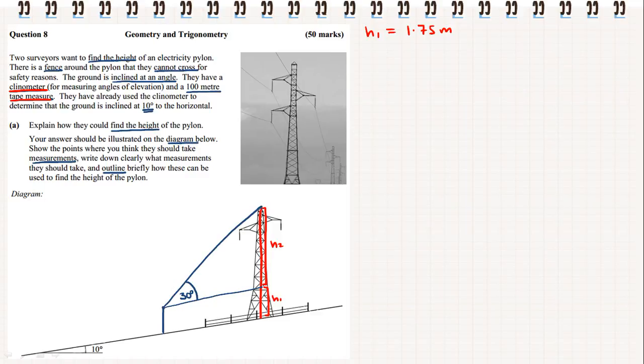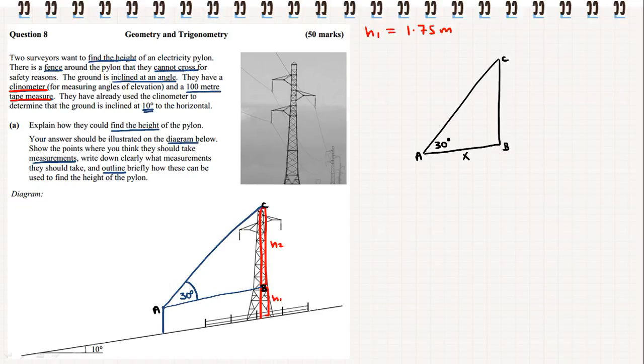So I'm going to draw a rough sketch to help me with the next part. I'm going to draw out my triangle. Okay, so I know I have a 30-degree angle here, and I cannot find this distance that I'm marking with X. So I'm going to put in the letters A, B, and C just to help me to identify different points.